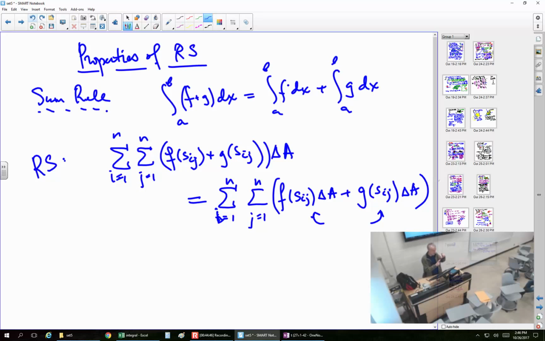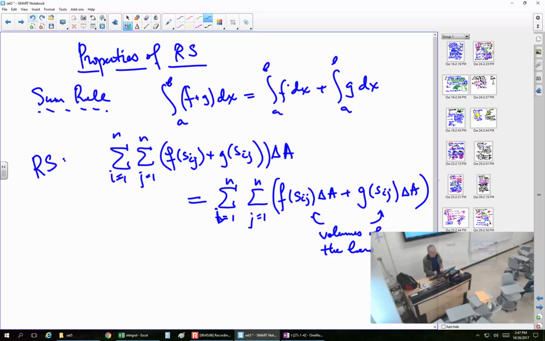Imagine what happens to two functions when you add them. You add the values, so you add the heights of those bars. You add the heights of the bars, you add the volumes of the bars. Okay, so these are volumes of the bars.